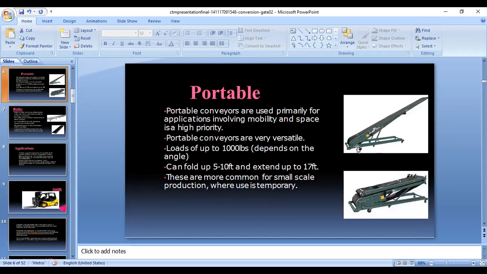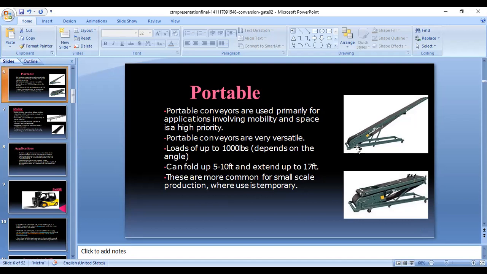Portable conveyors are used primarily for applications involving mobility, where space is a high priority. Portable conveyors are very versatile. They can carry loads of about 1000 lbs, depending on the angle of the portable machinery used, and can fold up to 5 to 10 feet and extend up to 17 feet.